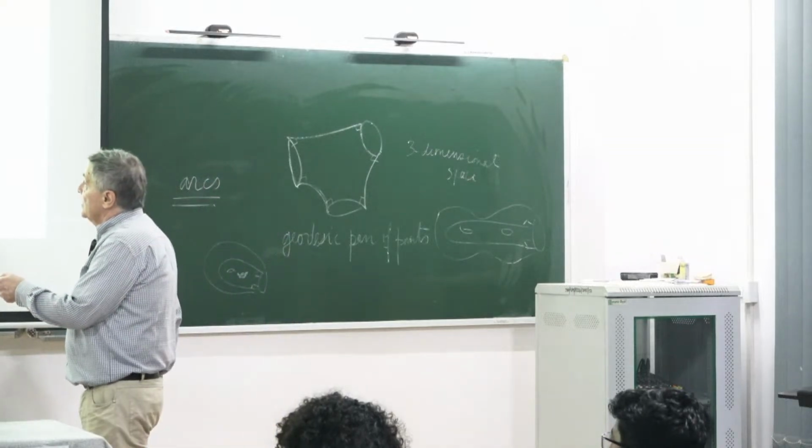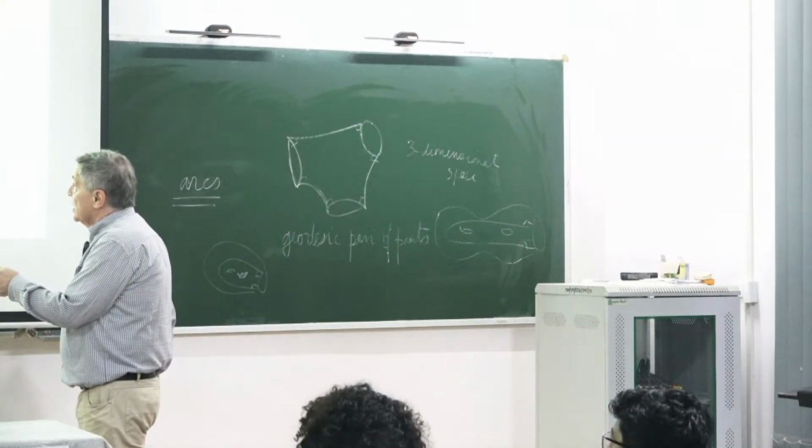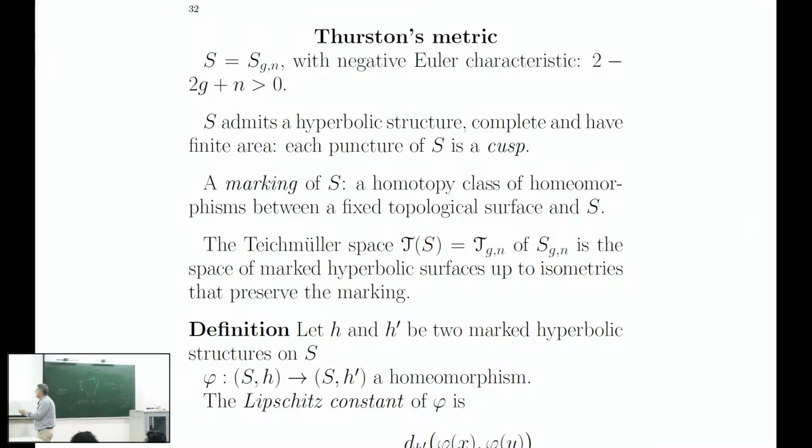But here is S_{g,n}, where n is the number of punctures. We said that such a surface admits a hyperbolic structure. In fact, the Euler characteristic must be negative. So I am excluding the sphere and the torus.